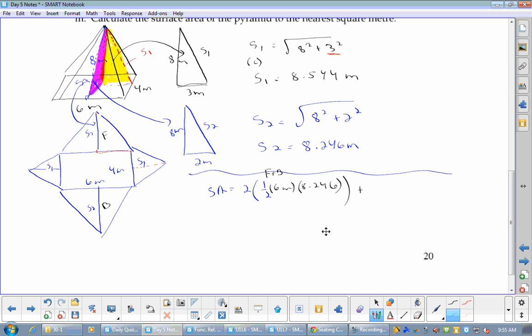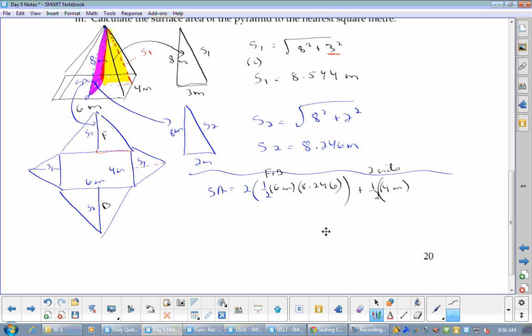Plus, let's go the two sides, would be 1/2 times 4 times 4 meters times S1.